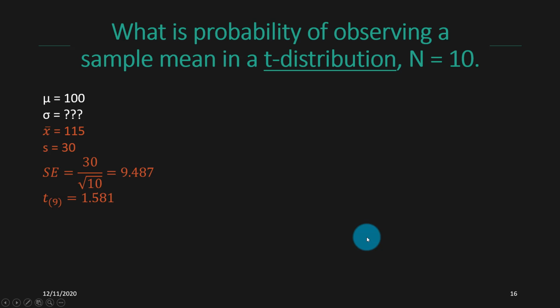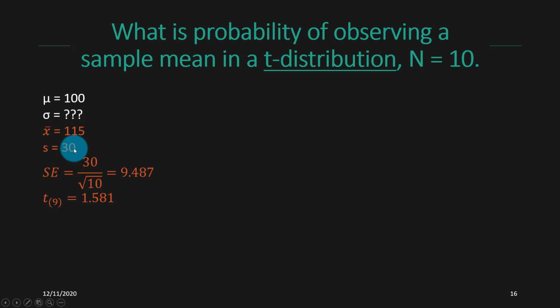So now, armed with that knowledge, we could say, what is the probability of observing a sample mean in a t-distribution when n equals 10? So again, let's assume we're talking about these intelligence tests where there was a mu of 100. We don't know what the standard deviation is in the population. So we're going to get an x bar of 115, and in our sample we observed a standard deviation of 30.